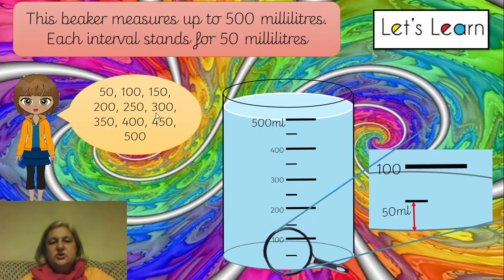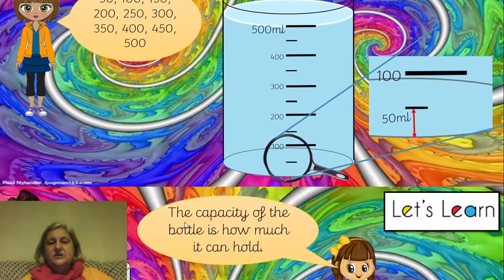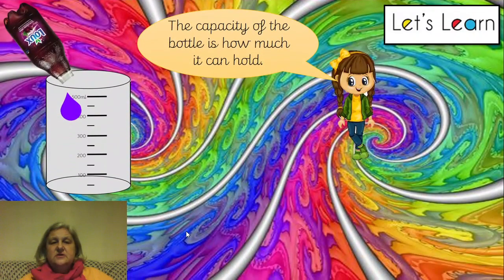You can use your 5s as well for this to help you if you're struggling. You can think of 5, 10, 15, 20, 25, 30, 35, 40, 45, 50, and then use your knowledge of place value to make those into 25 tens.